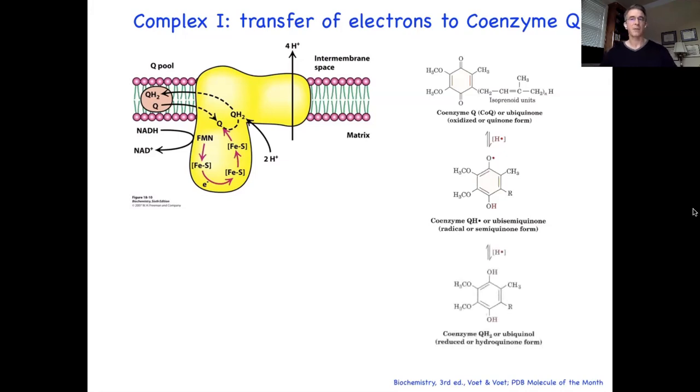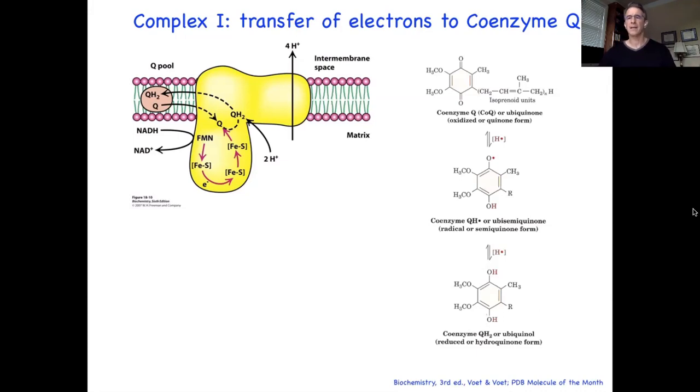And then the second electron proton transfer now gives us the dialcohol or dihydro or hydroquinone form, also known as ubiquinol versus ubiquinone, right?